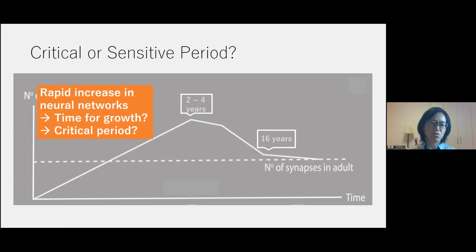Before 4 years old, there's this rapid increase in our neural network. Does that mean that because we have a large number of synapses, we have a lot of room to maneuver, this will be an ideal time for growth, to learn new information, to accept new stimuli? So would that be sort of what they mean by critical period?